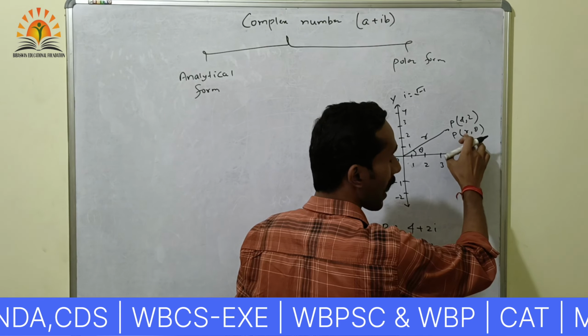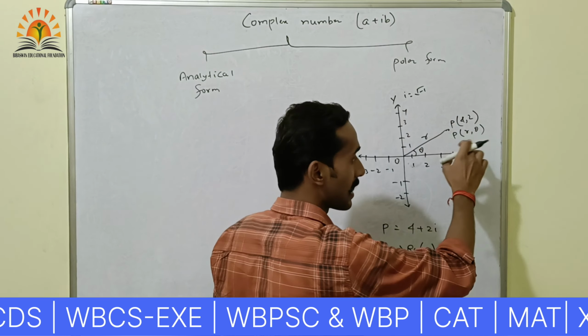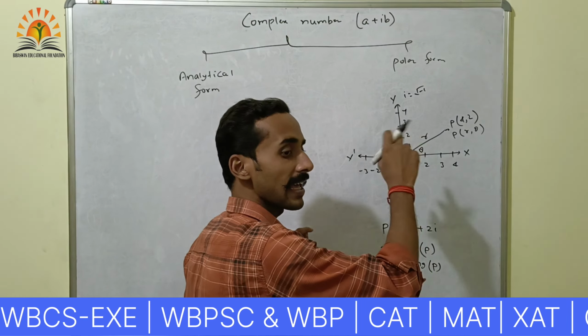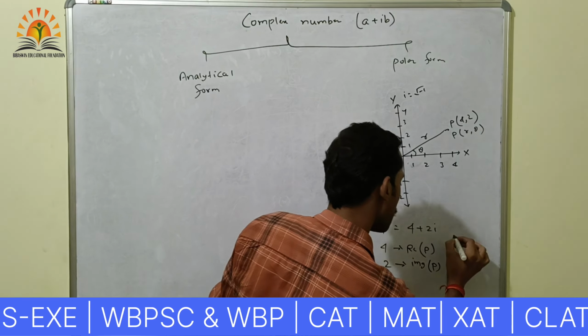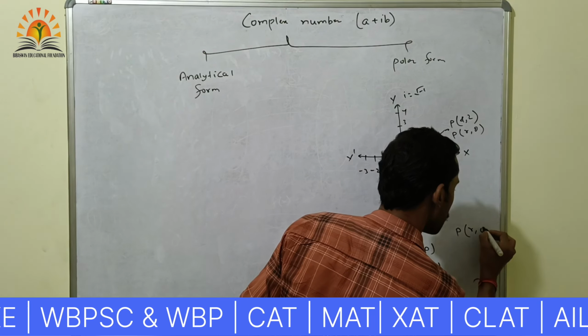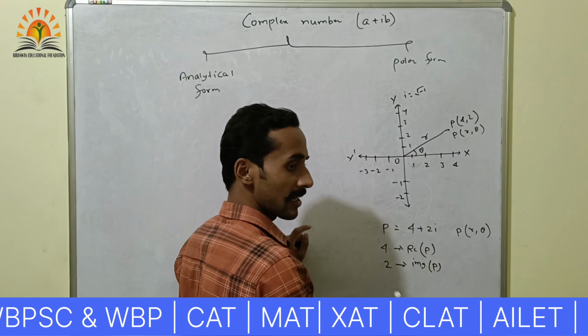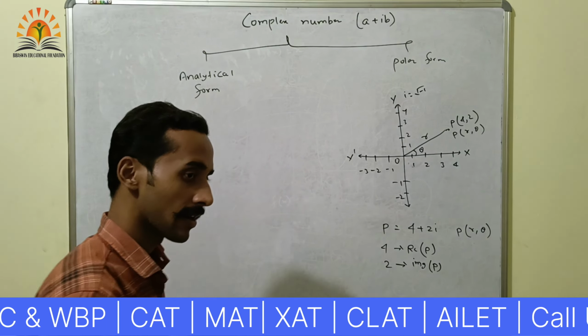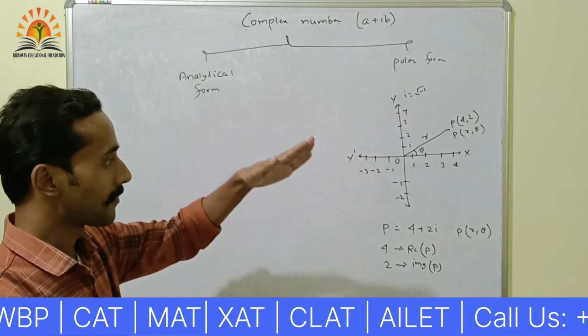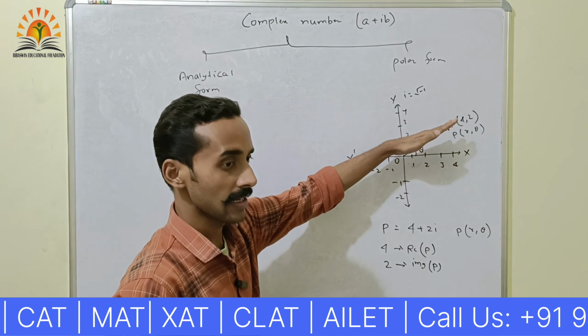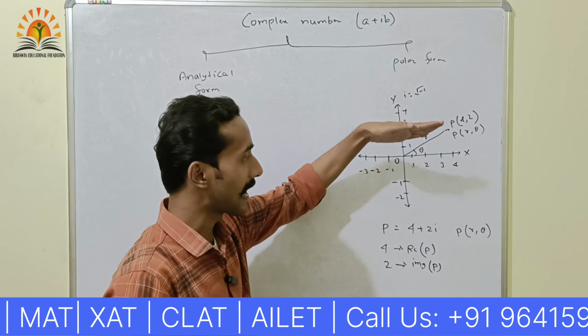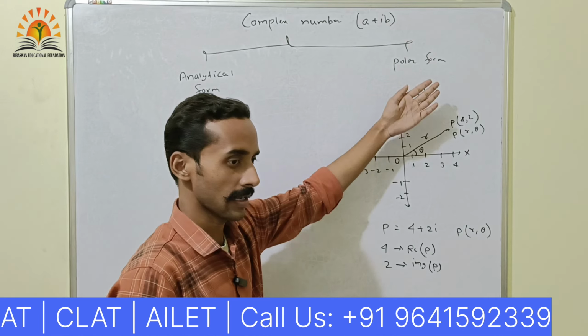What does r mean? r means the distance from the origin. Theta means the angle with the x-axis. We can write it as P(r, theta). This is the denotation of polar form. Understood? So in polar form, we denote it by distance from origin and angle with the x-axis.